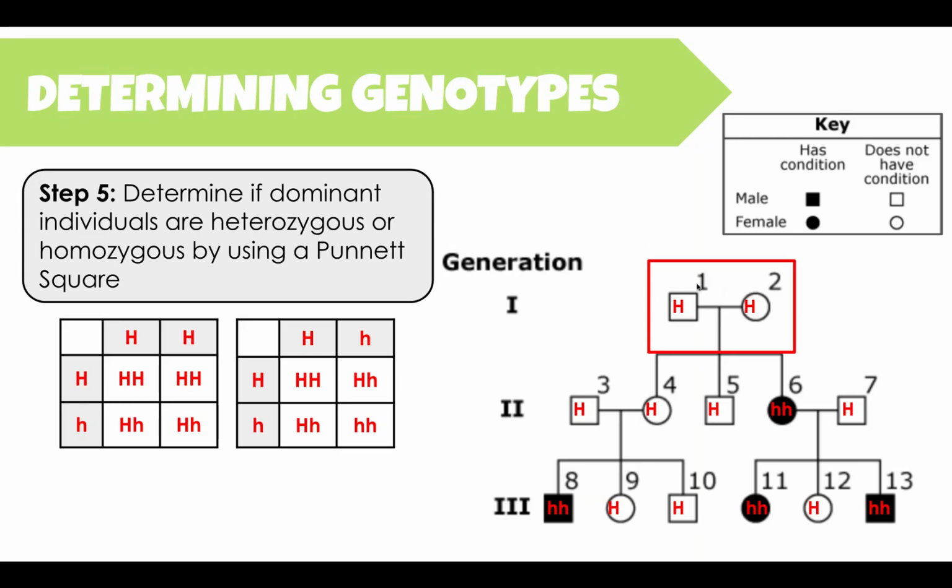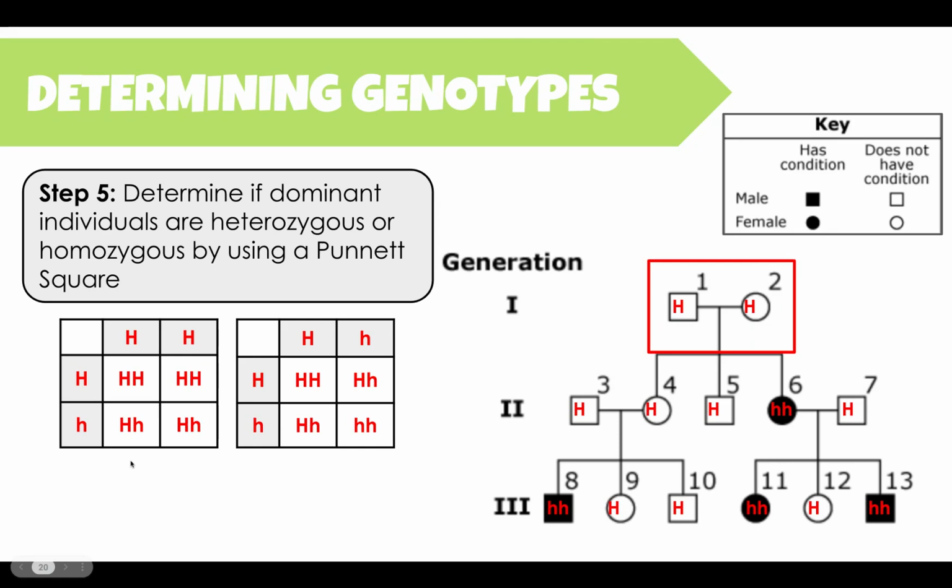So for individuals 1 and 2, I have 2 possible scenarios here. They're both unaffected. So I could have a big H crossed with big H, little h. Okay, so I'm saying like person number 1 is big H, person number 2 is big H, little h. I fill in my Punnett square.